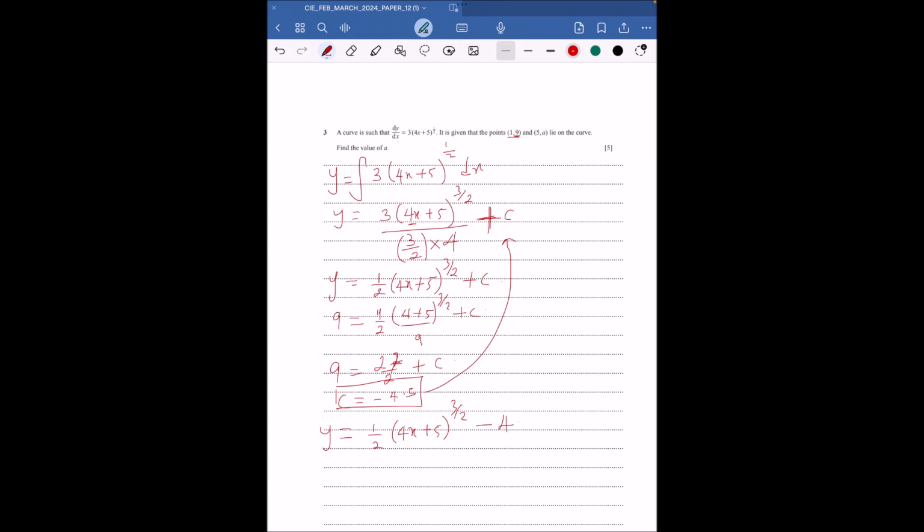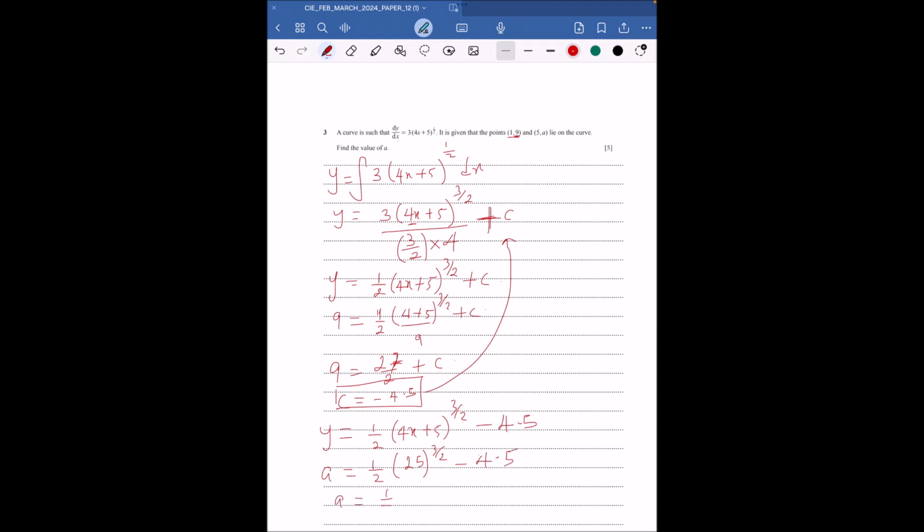Now I can find my a. So a is equal to 1/2 (4 times 5 is 20, so this is 25) to the power of 3/2 minus 4.5.